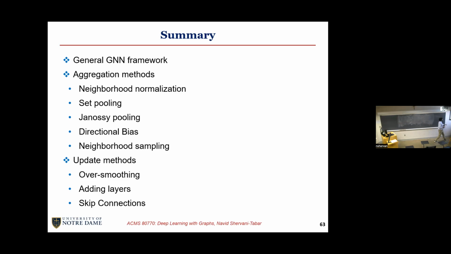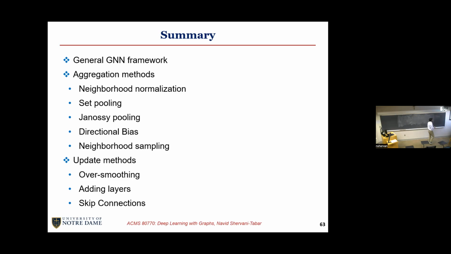Lastly, we looked at neighborhood sampling, where we didn't look at all the information that was coming to the node. We removed some of them, but then removing was just eliminating some information. So what we did was to have a few iterations that were each time uniformly selecting the nodes from the neighbors that we were getting information from. That way, after a few iterations, we were integrating information from more neighbors.